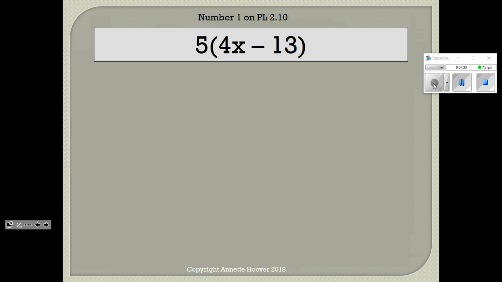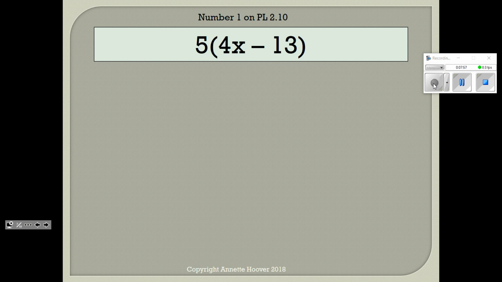If you look at the assignment that we have today, we're going to do the first several together. Here again you see the distributive property like we did yesterday. So to simplify this, you see two terms inside the parentheses, a positive 4x and a negative 13. You see a term outside that's being multiplied, so you know you have to multiply the 5 times both terms inside the parentheses.